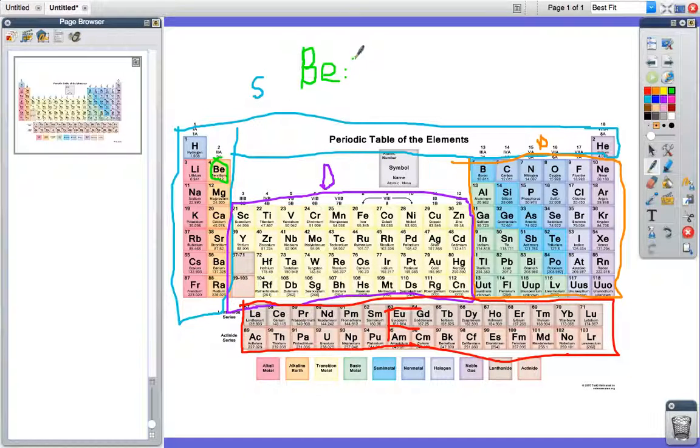Period 1 is going to be your first number. And then, seeing as how it's in the S block, we're going to put an S right there. And since it fills that up, we're going to put a superscript 2 right there. And now the next part, this is period 2, so 2 would be the first number. It's still in the S block, so you would have S right there. And once again, subshell, so superscript 2.